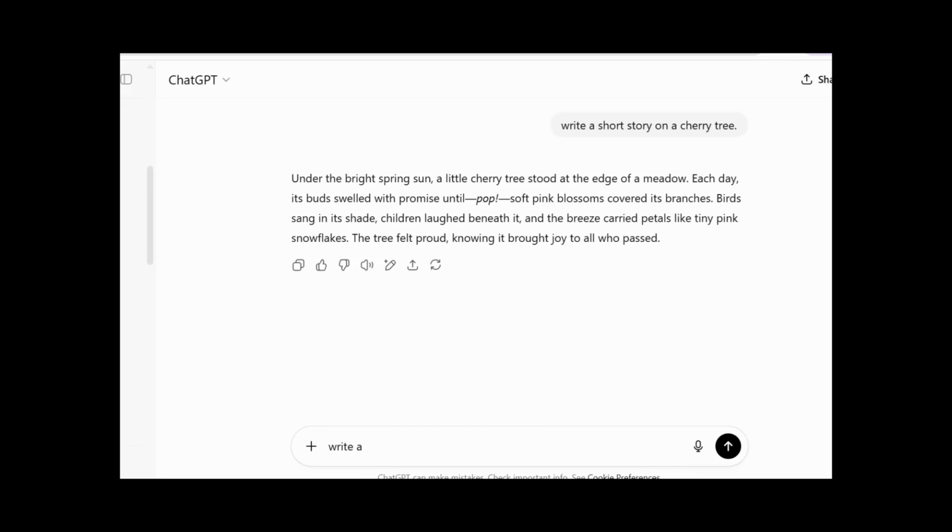Now another example is instruction based prompting, where we give it an instruction to write a story on a cherry tree in a poetic style for a 10-year-old kid.